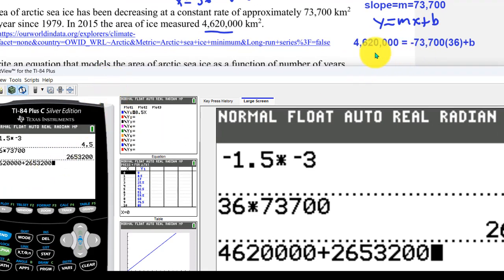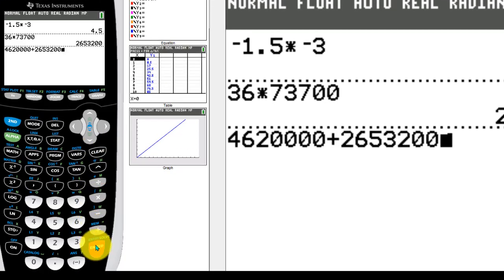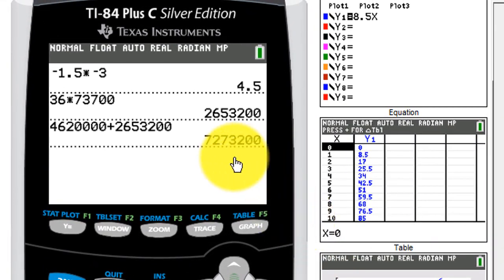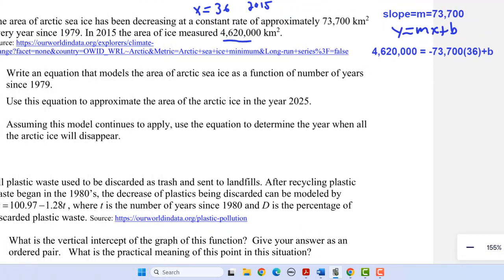It's negative, so we have to add that to both sides of the equation to get the initial value for b. Okay, so let's just write that in there. When I clean this up, you're going to be left with 7,273,200 equals b.